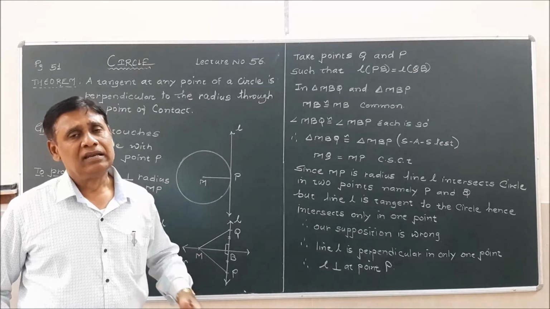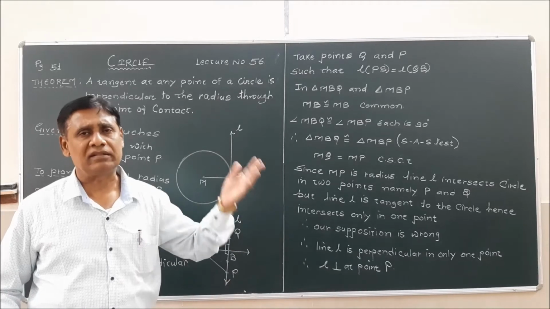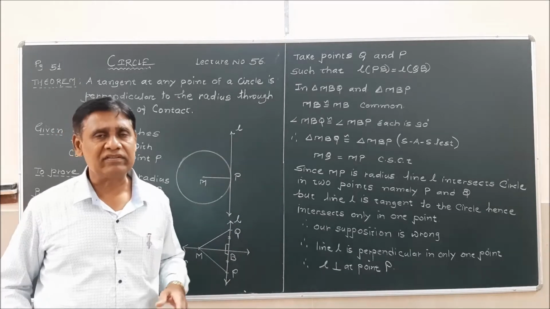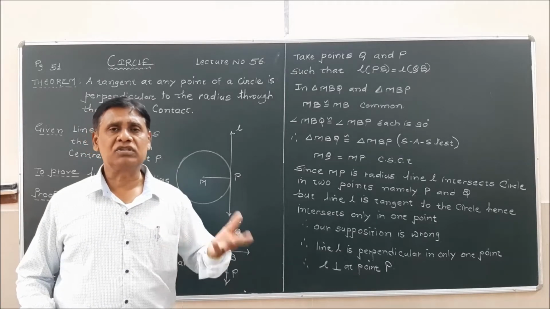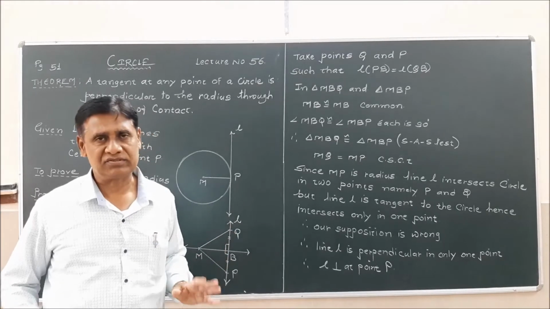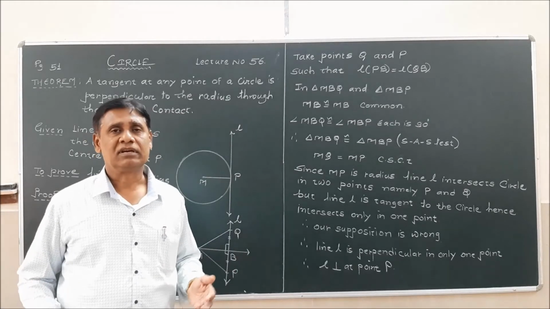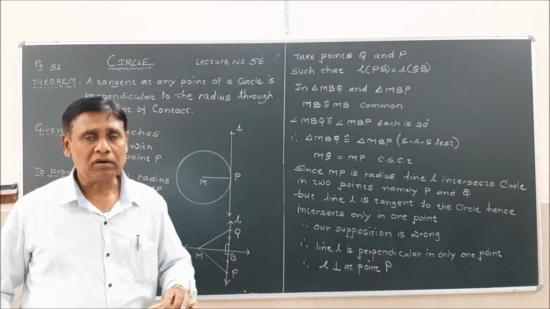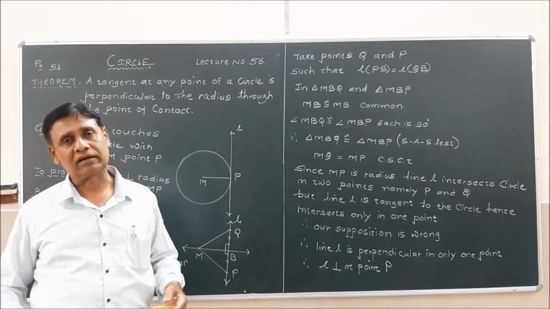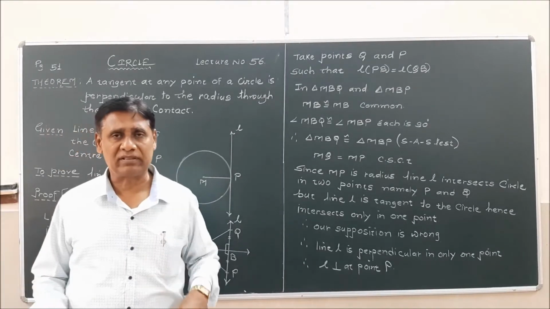Then we take that supposition into consideration, and we go on applying theory, and finally we reach a conclusion that becomes absurd or meaningless, and then we claim that we got this absurd result because our supposition was wrong, and then we get the correct result. So this is how the indirect proof method is used.